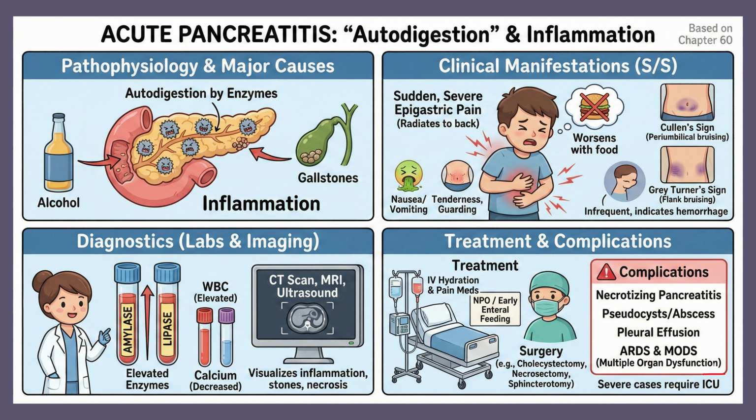Lipase is the most specific test because it stays elevated longer, up to 2 weeks, and is produced only by the pancreas, whereas amylase can be elevated from other causes.